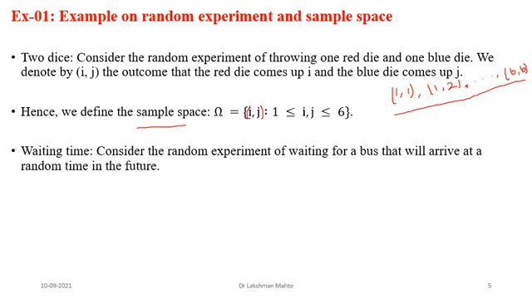Suppose you are waiting at a particular bus stop, then one bus may come just after 0.001 second, and some other bus may come even after 15 minutes or something like that. We don't know when the bus will come, because just assume that there are enough buses. So definitely you will observe that waiting time happens in a continuum fashion.